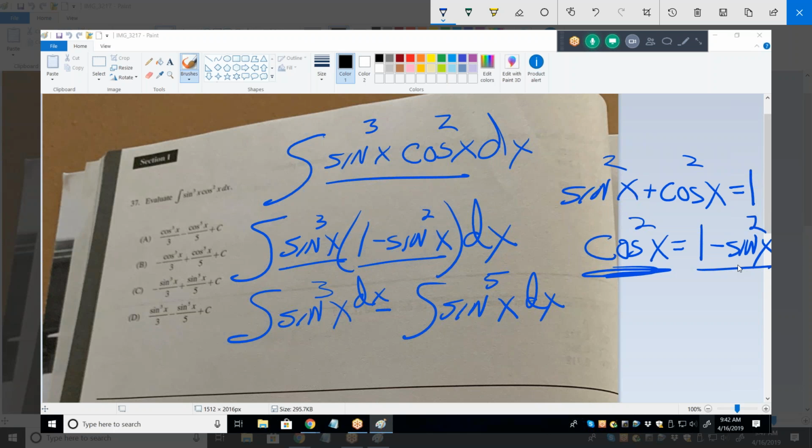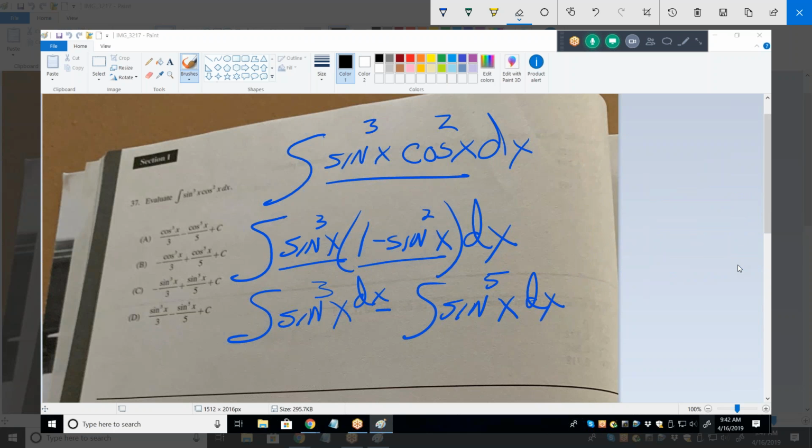What's the integral of sine cubed x? Take a look at the answers if you have any question about how to integrate that. Well, you increase the power by 1. First of all, let's talk about just doing this. How do we do that?